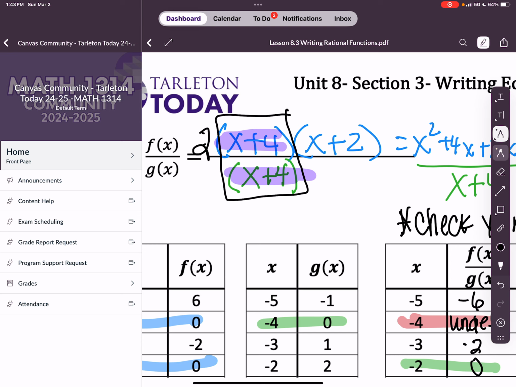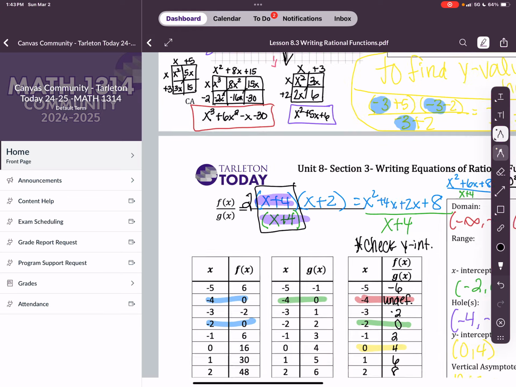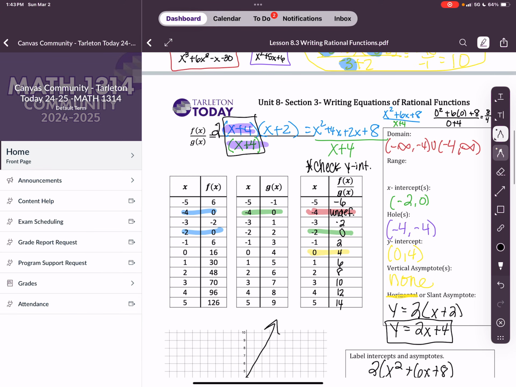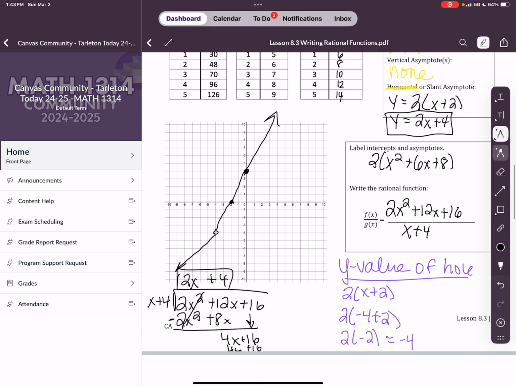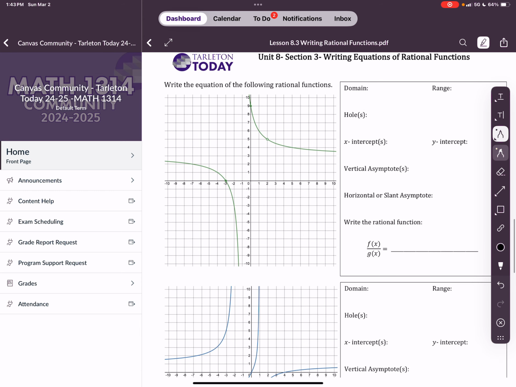Because we don't have anything else on the bottom, we just have that top function, and so we just have a linear function on this one. Again, the reason is that the x plus 4 on the denominator is your shared factor. Again, pause the screen if you need clarification on that, and you can go back if you need to.